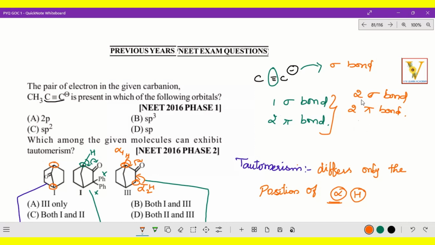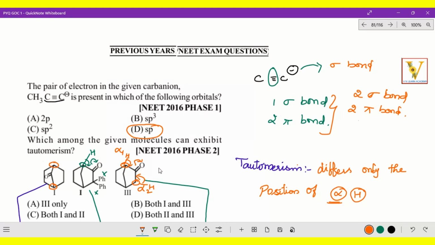So the negative charge mentions a sigma bond. So which is the correct option? Option D is the correct option. So even if the negative charge comes, the answer we are going to give is sp hybridization, that is sp orbitals only, right? I hope you got that idea.